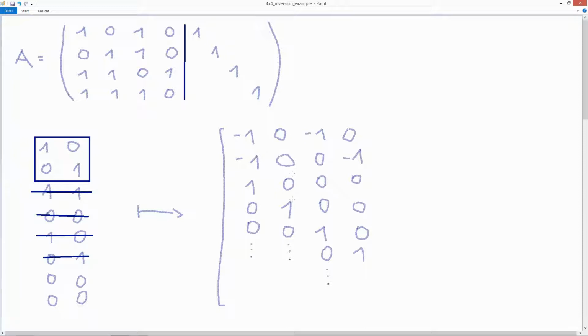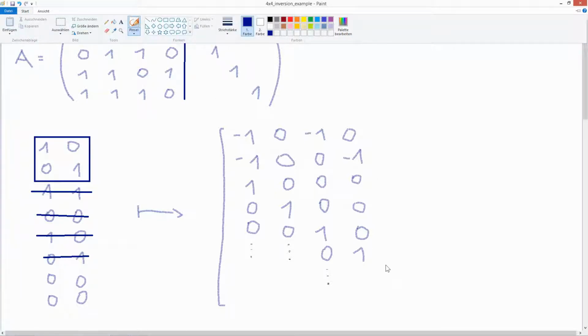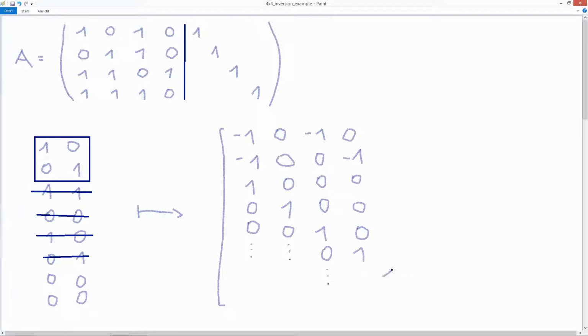So we already know when calculating these cross products that this entry here is 1 and all the other entries are 0. So we just have something like this here, 1 and 1, and all the rest of the entries are 0.